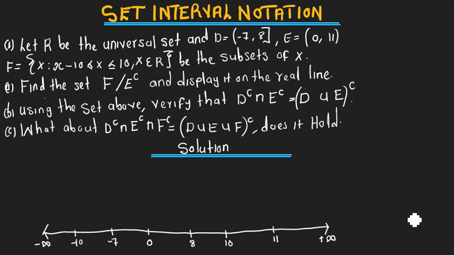So we've written our R, which happens to be the set of all real numbers, and then we can now plot everything out. We can write our D set, and to write D set we are going to put it like this. So we are going to have an open circle at 7, and we are going to have a closed circle at 8.